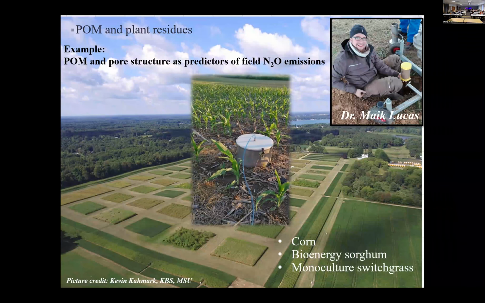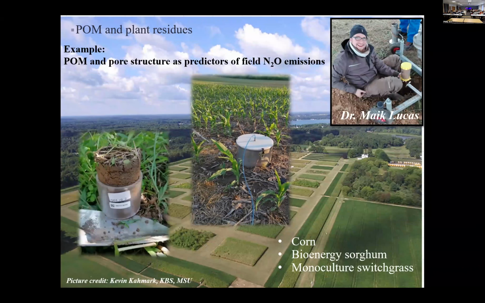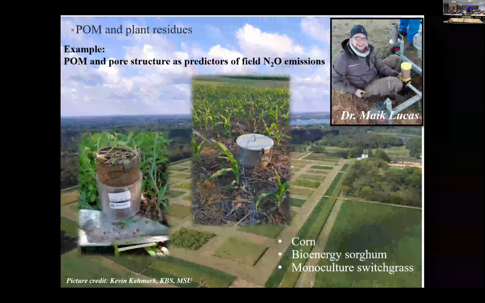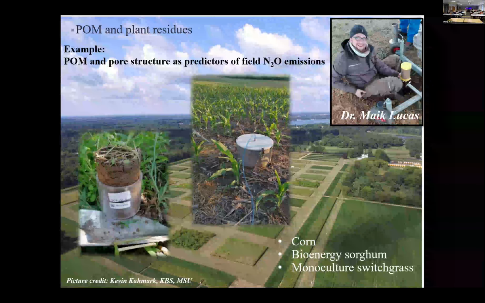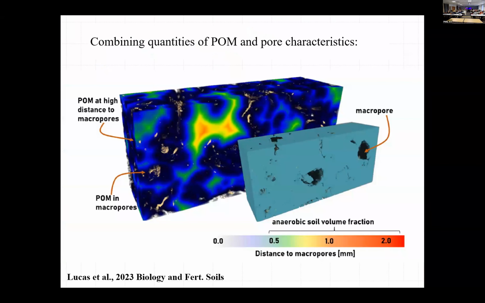During the season, he had the gas chambers installed there, and multiple times during the season he was doing greenhouse gas measurements. Then at the end of the season, he took those same old intact soil cores from the locations of the chambers and scanned them as usual.